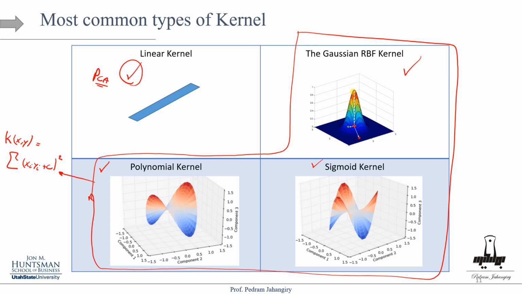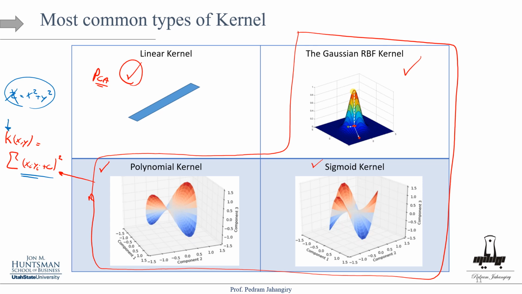Remember, we said go to this higher dimension, x squared plus y squared, and then find the hyperplane that separates the data and then project it back. So now we're doing it without going to higher dimension, right? We're simply calculating and assigning some new numbers to every pair of observations.